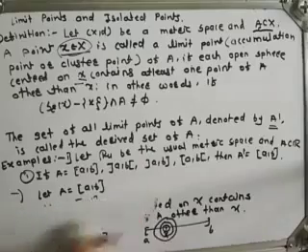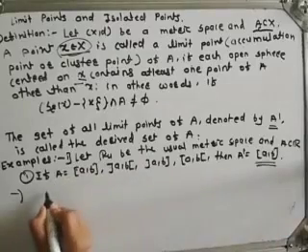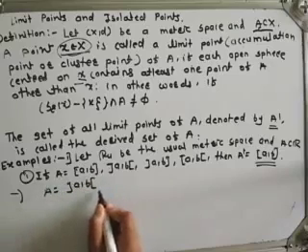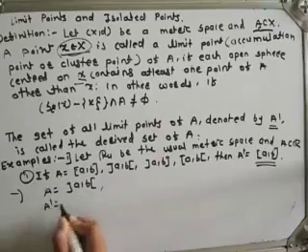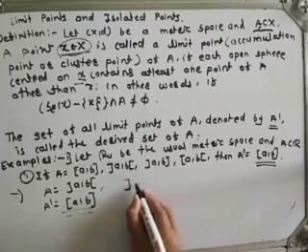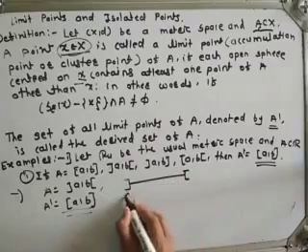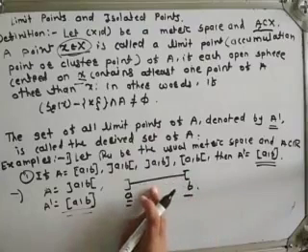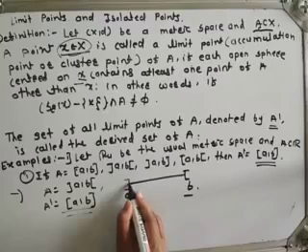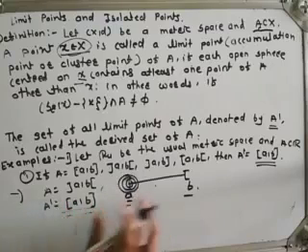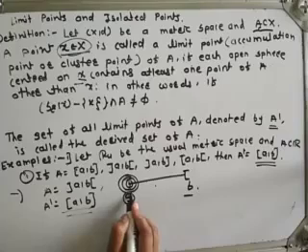Now, what happens if A is equal to the open interval (a, b)? Then the limit point of A is equal to the closed interval [a, b]. Why is this? See here, suppose this is an open interval (a, b). That is, a and b are not included in this interval. But if you draw any open sphere centered on a, that sphere contains at least one point of A other than a.